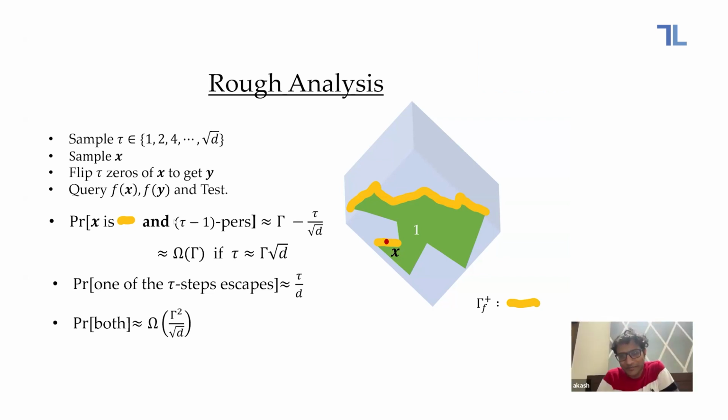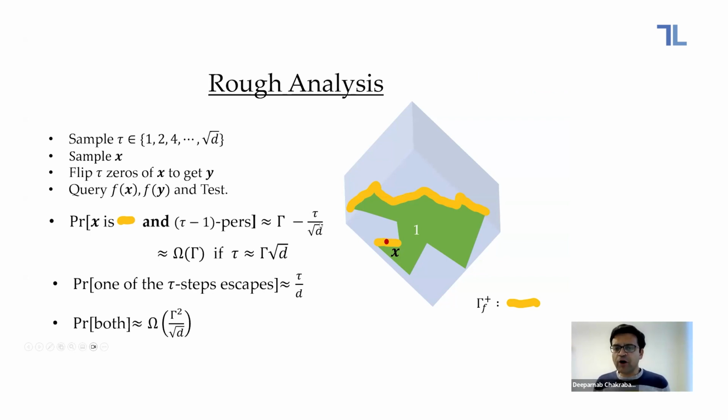Yes, sure. So this quantity here has two parameters, gamma and tau. If tau is super large, it might be that this becomes negative, and it gives me nothing. So for this quantity to make sense, I want this parameter to be roughly this parameter.